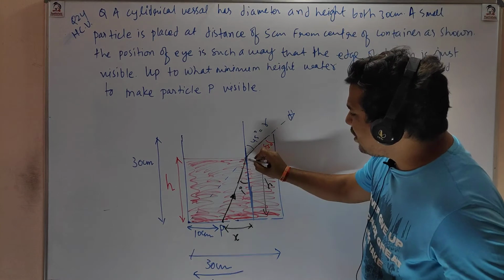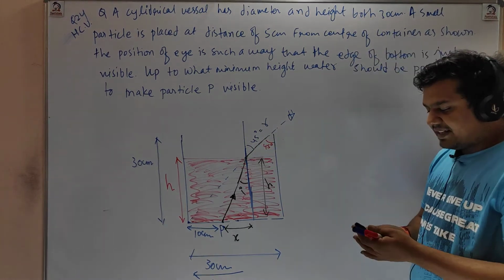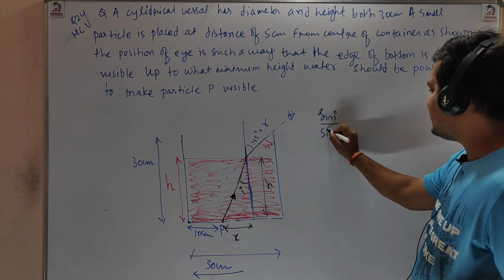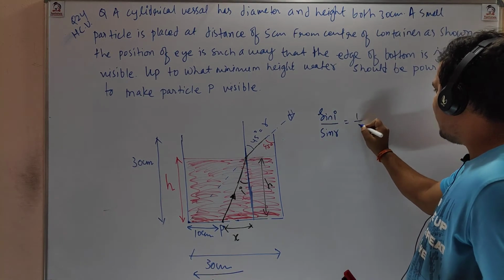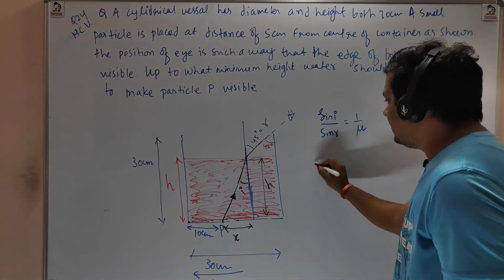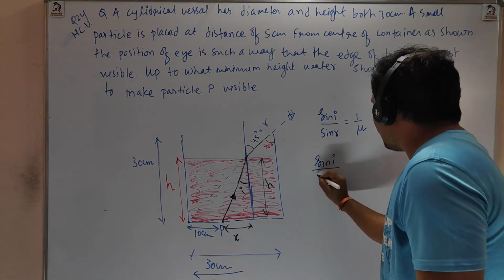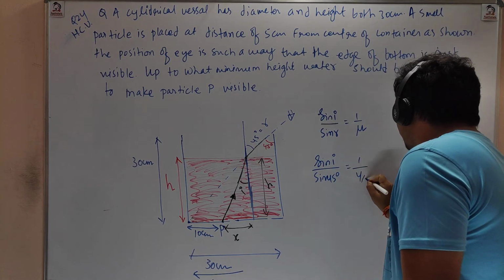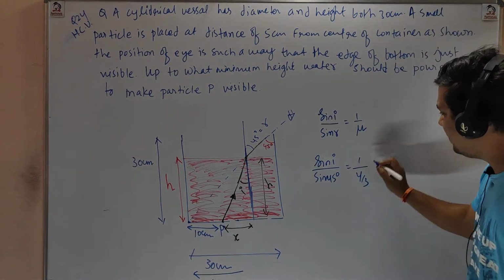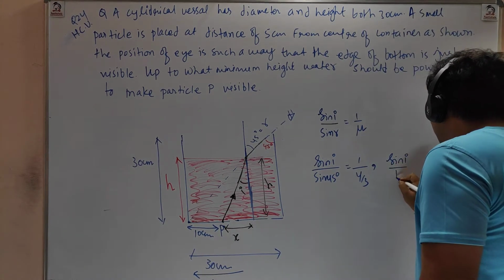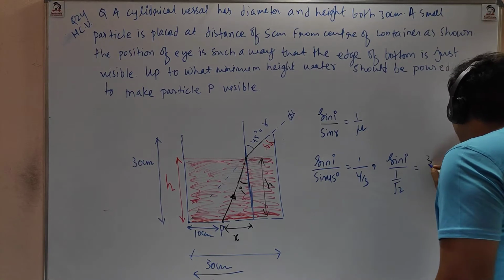Now apply Snell's law here. Sin i by sin r is equal to 1 by mu, because light is going from denser to rarer medium. We don't know sin i, but sin r is sin 45 degrees and the refractive index of water is 4 by 3, so this will come up and you will get sin i upon 1 by root 2 is equal to 3 by 4.